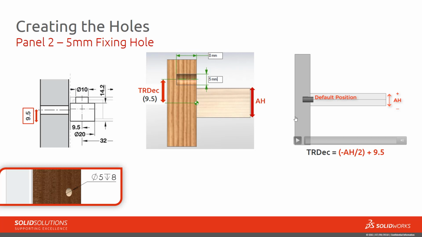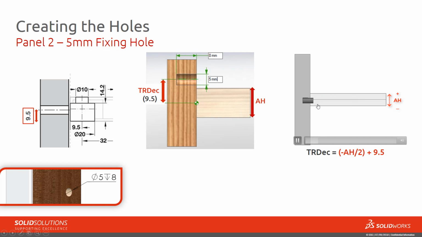The default position of this hole, so if we just left the location as it is, it will sit exactly central to the panel. And if we just play this video, where we want to move it to is the total thickness divided by 2 down, which is minus AH divided by 2, and then plus 9.5. So I'm just going to play that again.